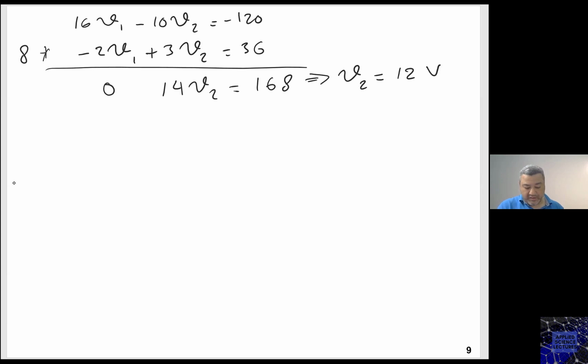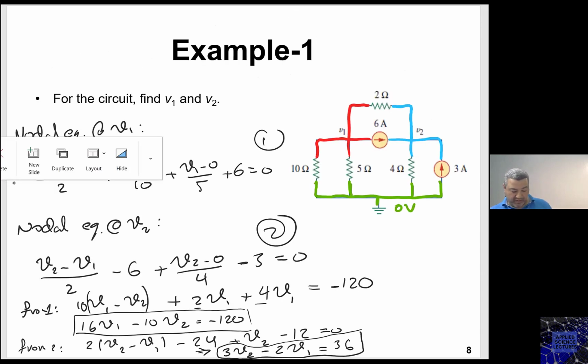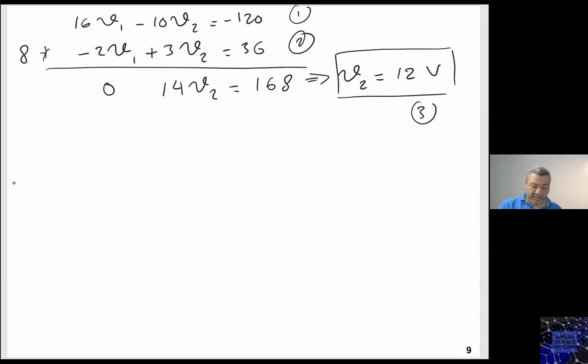And take this one. Let me call this one 3 and substitute it either in the first one or in the second one. Let's substitute it here. So we said that if this one is 1, 2, right? Now 1, 2, call them as 3. This is 3, 4.